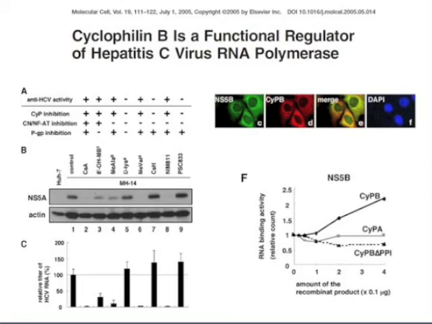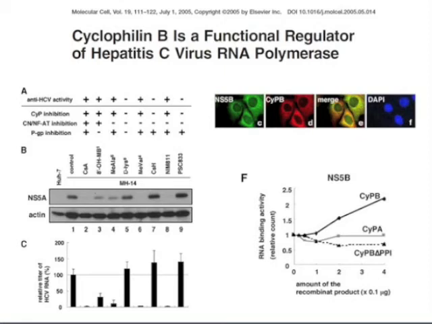When they looked at the association of the NS5B protein with cyclophilin B, in an immunofluorescence analysis, they found that NS5B was in very close proximity to cyclophilin B. They did other studies to show that cyclophilin B interacted with NS5B, which is the viral polymerase. And when they measured RNA binding activity of NS5B to an RNA template, they found that the presence of cyclophilin B dose-dependently increased the ability of the viral RNA-dependent RNA polymerase to bind to RNA.